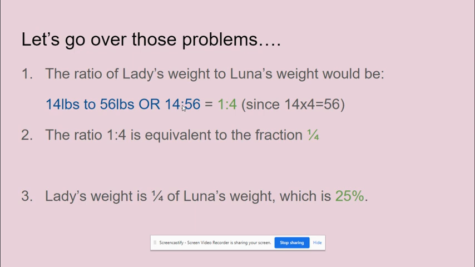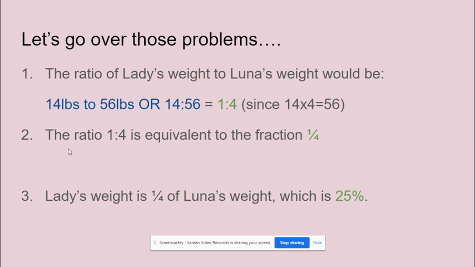We say "to" during a ratio. So 14 to 56. And hopefully you put in the time to figure out that simplified, that is 1 to 4. So 1 to every 4 pounds. So Lady is 1 pound for every 4 pounds of Luna. And I put here as a little note, since 14 times 4 is 56.